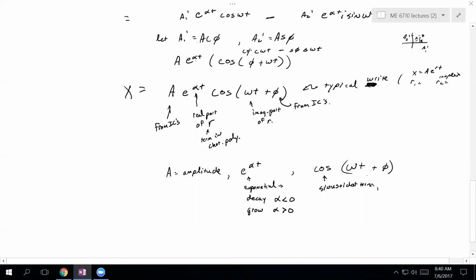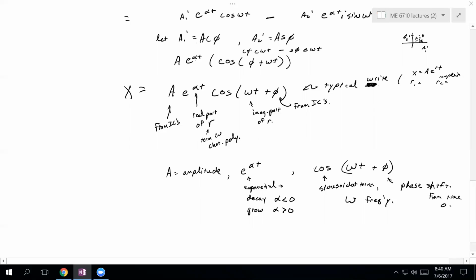That's a sinusoidal term. Omega is our frequency. So omega gives us the frequency of the response. And phi gives us a phase shift for the response. And it's a phase shift, I guess, from time 0.